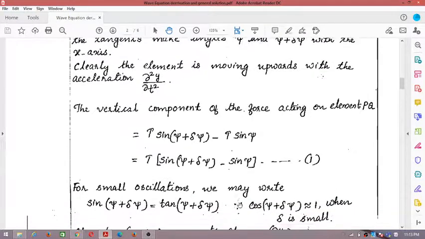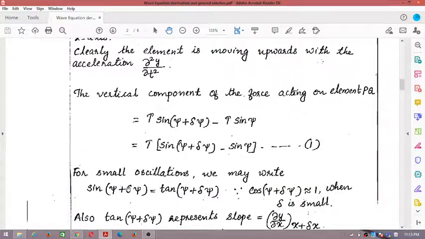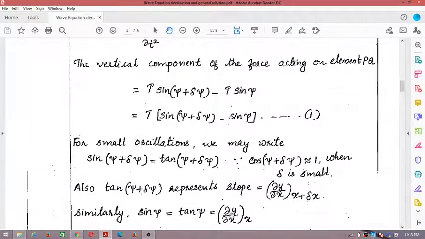For small oscillations, we can write sin(psi plus delta psi) as tan(psi plus delta psi), because cos(psi plus delta psi) is approximately equal to 1 whenever delta is very small. Also, tan(psi plus delta psi) represents the slope ∂y/∂x at x plus delta x, and sin psi is approximately equal to tan psi, which is equal to ∂y/∂x at x.